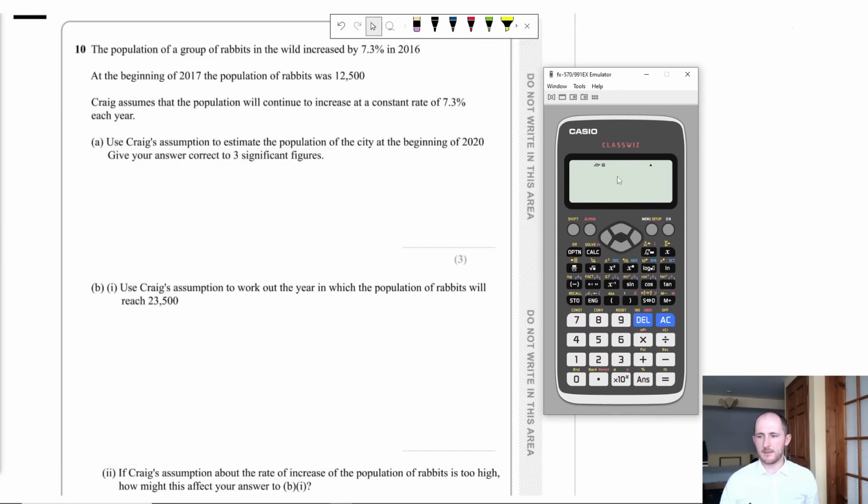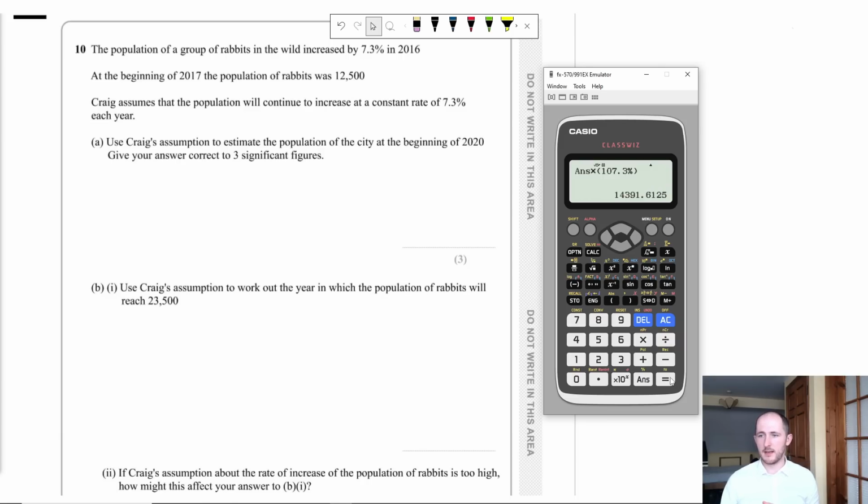That means it's increasing by 100 plus 7.3, so 107.3% every year. So what we can do is start off with 12,500, then do answer times 107.3%, and we can just keep doing that until we get to our number. So this is at 2017, so 2018 would be this number.